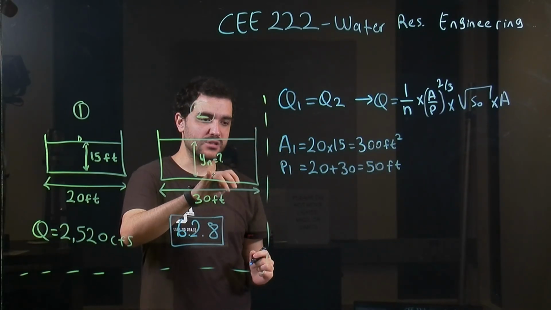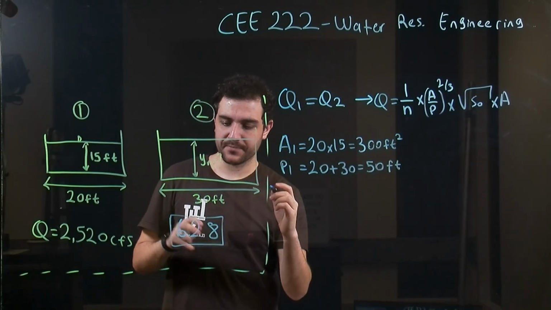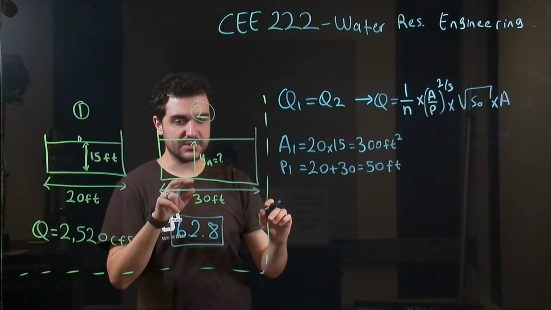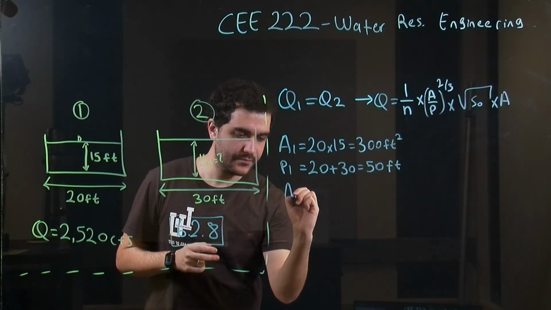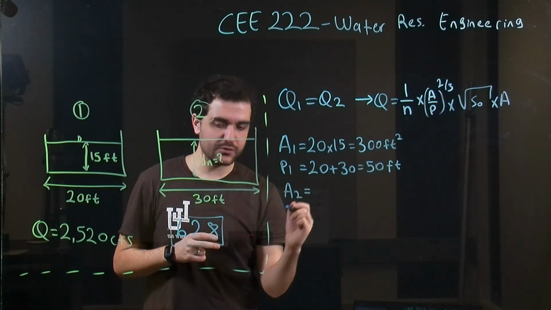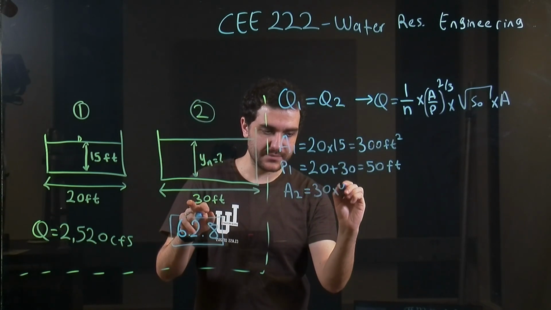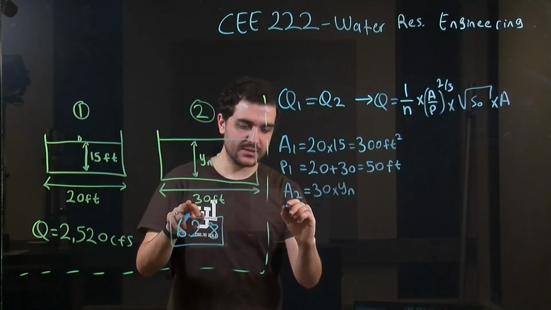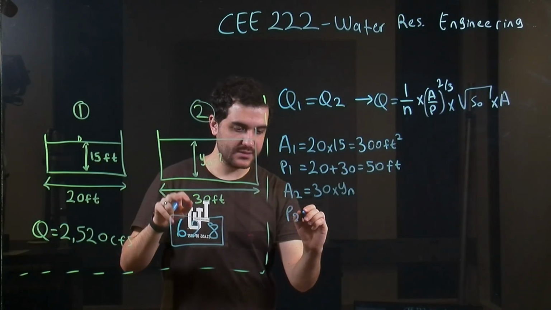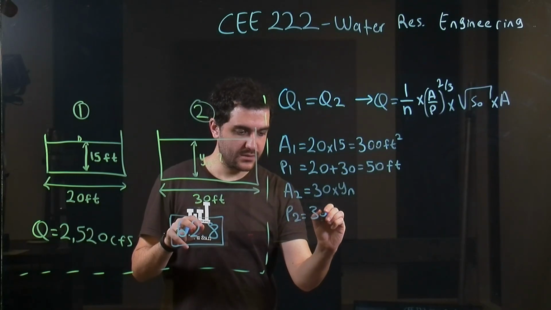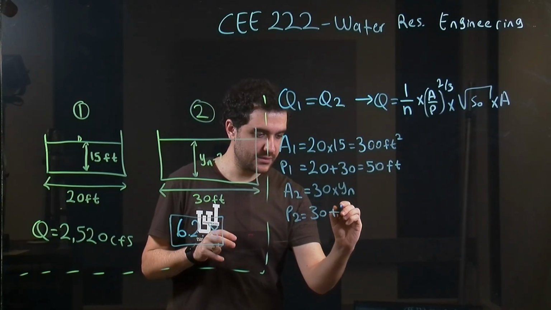Even though we don't know the normal depth, we can still write the equation. We can still write the area and perimeter for this channel. So A2 is 30 feet times normal depth, and the perimeter is 30 plus 2yn.